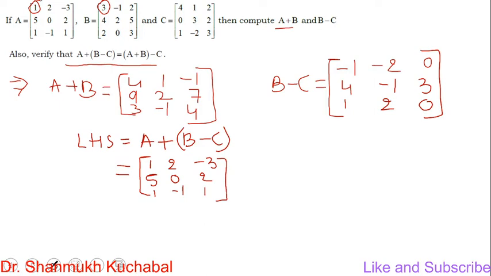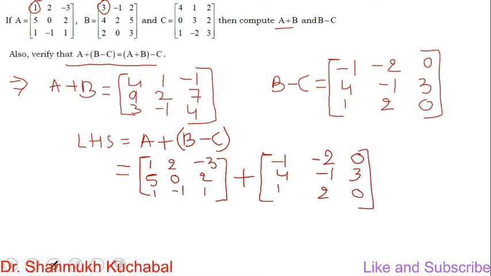That is matrix A, plus, as it is, B minus C. B minus C we write as minus 1 minus 2 0, 4 minus 1 3, 1 2 0.